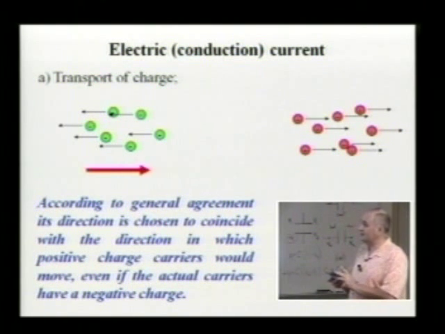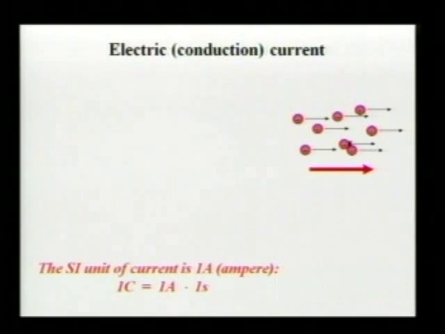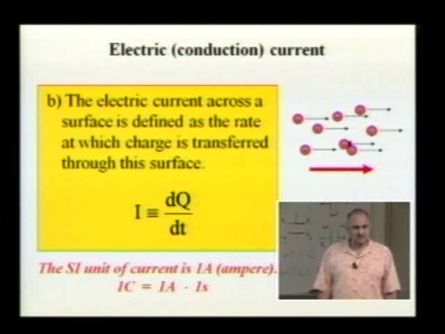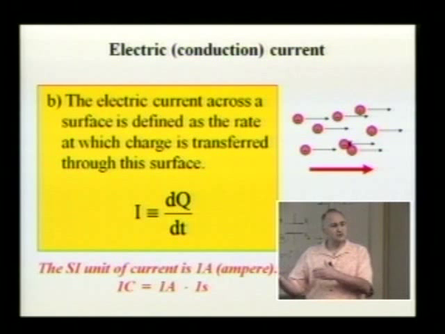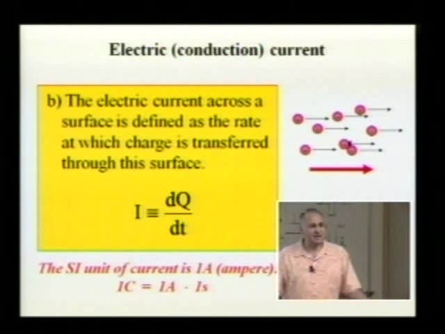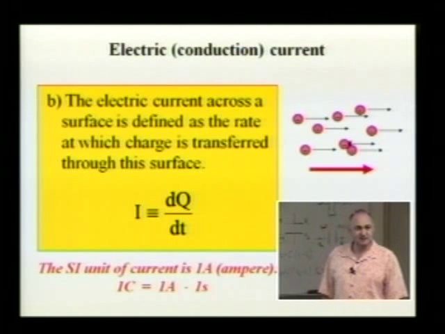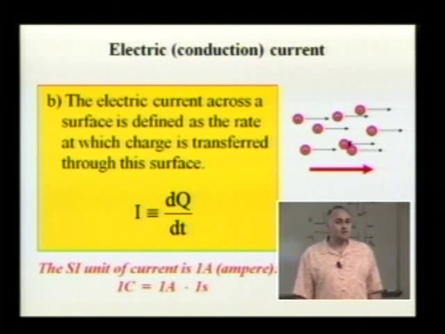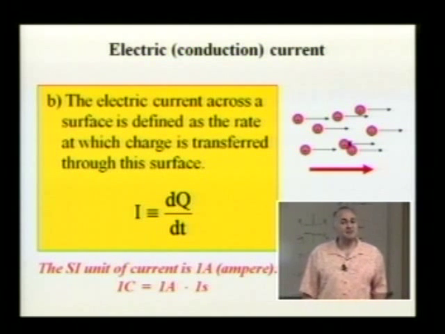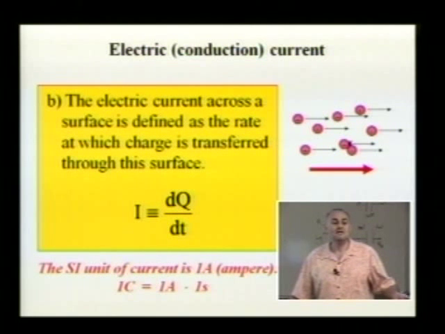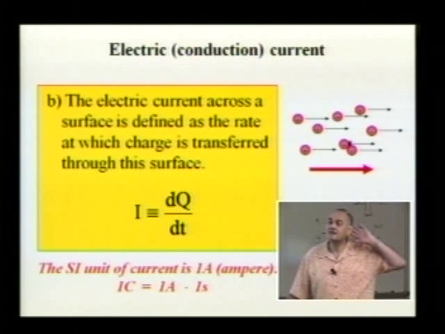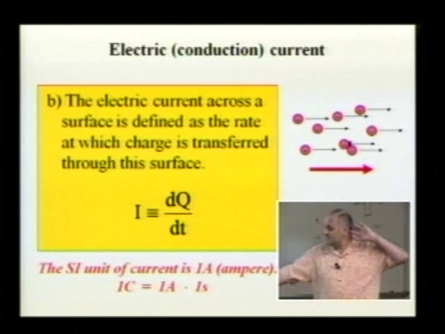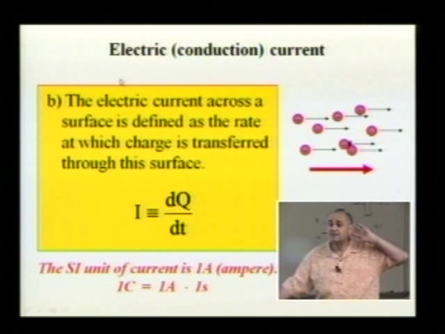Now the second one. The first meaning was a phenomenon. The second one is a physical quantity, which describes electric current. So what quantity am I introducing to describe electric current? No, amperes are the units of that physical quantity.